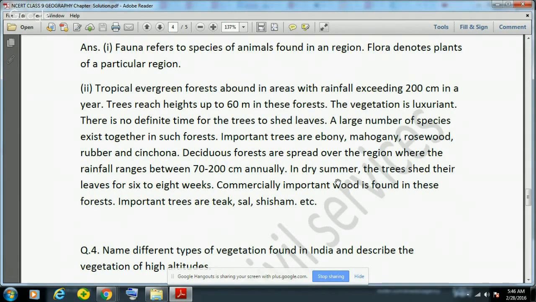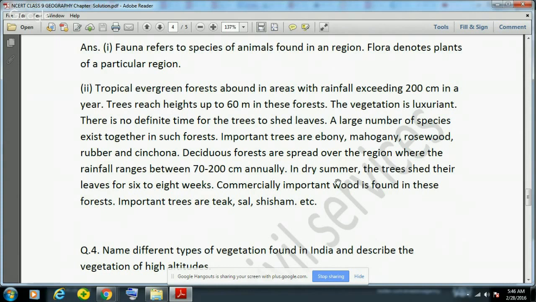Then tropical deciduous forests are spread over regions where the rainfall ranges between 70 to 200 centimeters annually. These forests can further be classified into two types, tropical moist deciduous and tropical dry deciduous, depending on the rainfall. For the moist, the rainfall is 100 to 200 centimeters, and for the dry it is 70 to 100 centimeters.